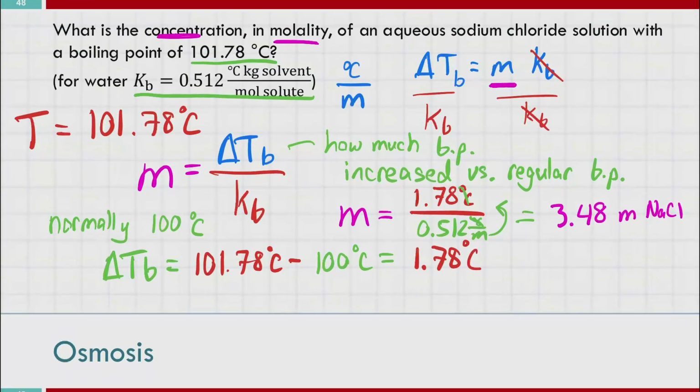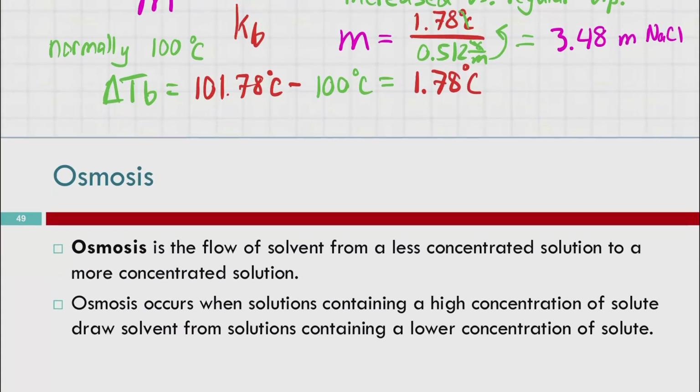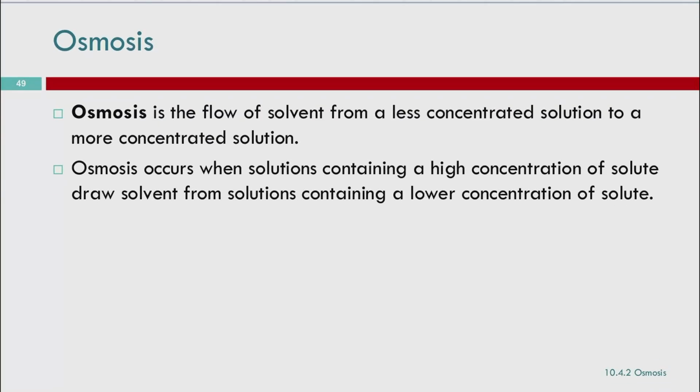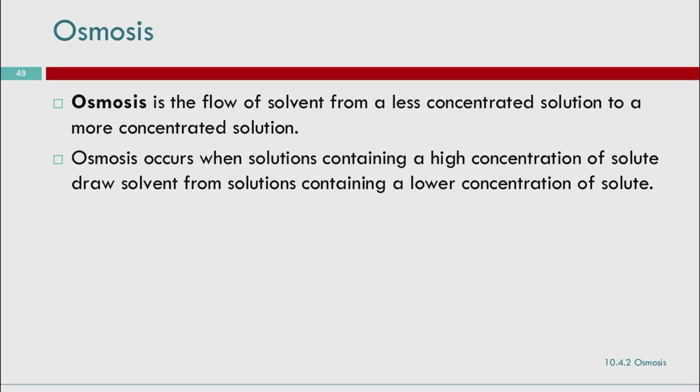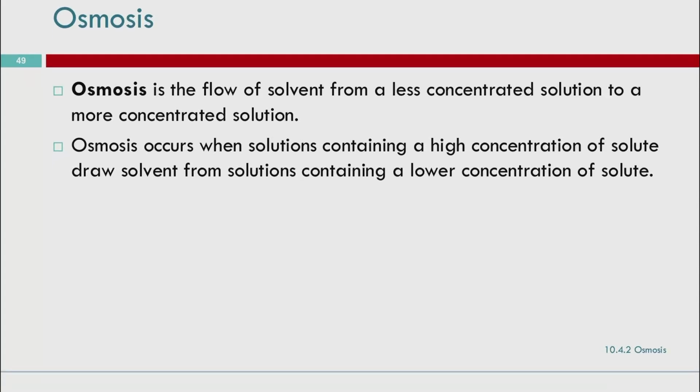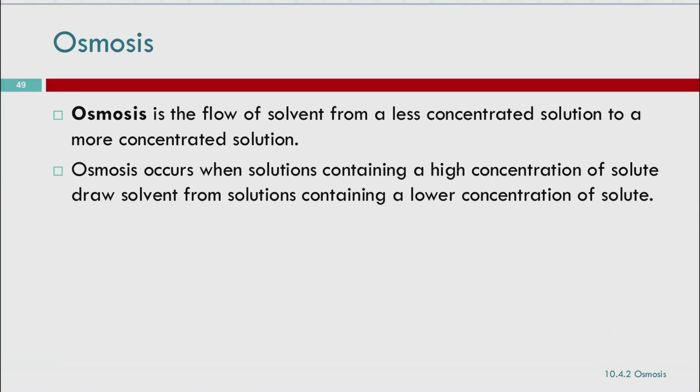Other colligative related properties include osmosis, which we kind of just talk about, but I don't think I've ever put an osmosis question on an exam. Whether that's good, who knows? So osmosis is a process that you might be familiar with.